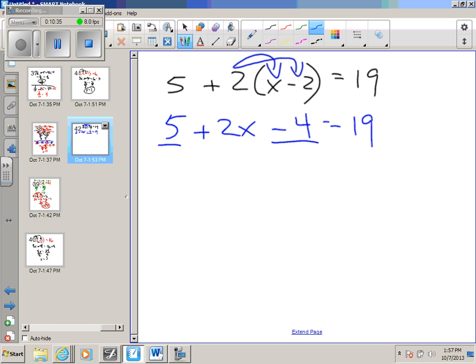I have a 5 and a negative 4. Well, 5 minus 4, 1. So 2x, it's a positive 1, equals 19. Subtract 1.